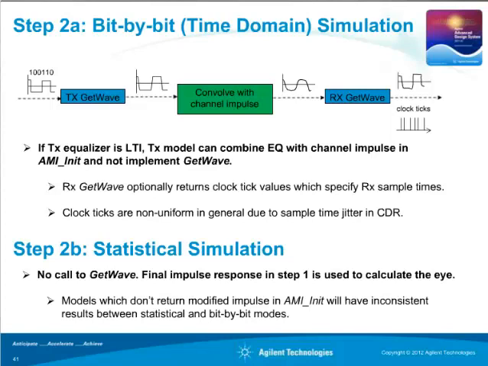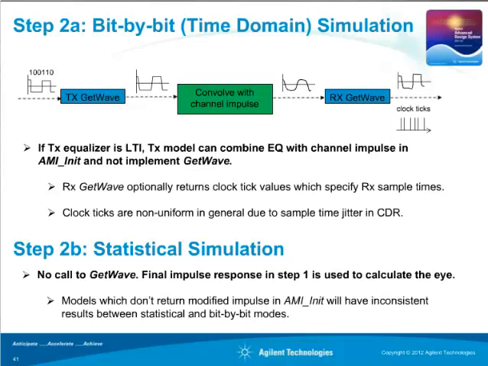And then step 2, what goes on from here? So if it's bit by bit, the model will typically have something called a getWave function, and that allows the model to work with waveforms. Again, I'm not going to go into a lot of detail here, but just to set the thought in your mind that there is some work that the modeler has to do to specify these behaviors inside of the model. And that allows you, using getWave, to do the nonlinear time variant things that you might want to do, for example, an equalization in the receiver.